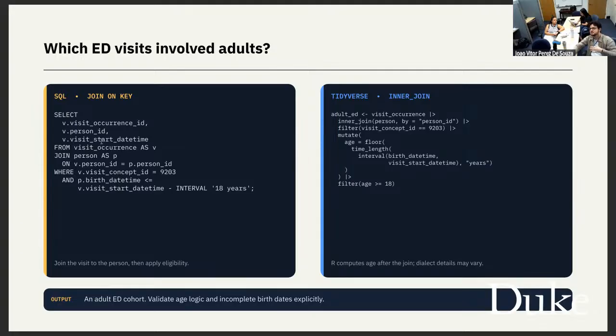So the same process you do in R here on the right, where you do an inner join or left join to get data from one data set into another based on the keys, you're going to do the same here in SQL.